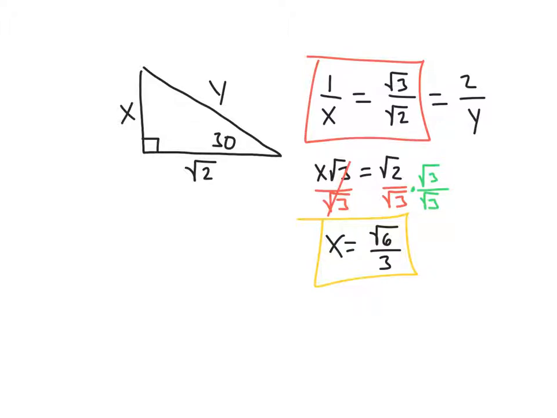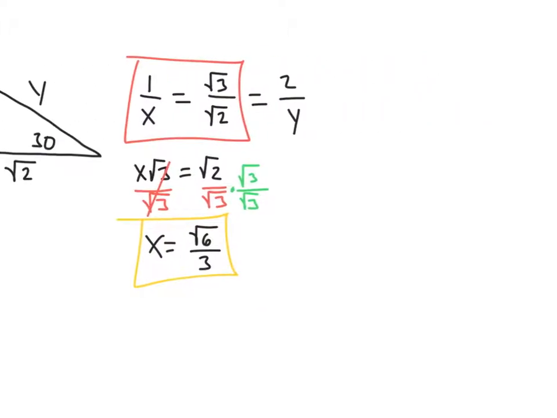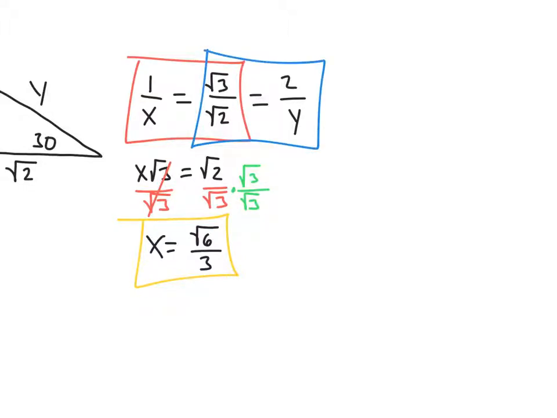Okay, so let's do y then. So then for y, I'm going to take these two fractions, cross multiply, so I have y times the square root of 3 equals, well now for the shortcut, remember the shortcut is the short leg times 2 gives us the hypotenuse. Well, right here in this part is where we're actually multiplying by 2. So I now have 2 square root of 2. Okay?